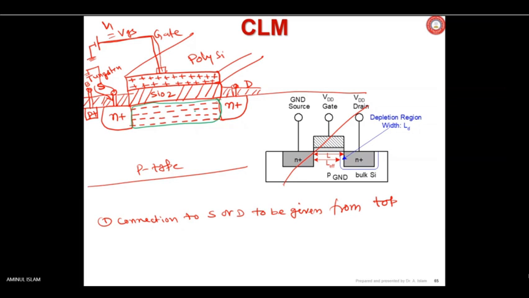Once you apply the gate voltage, and you give a connection between the source and drain, then current will flow. Otherwise, the gate is closed. If you apply 0 gate voltage, the gate will be closed. If you apply a high gate voltage, maybe 1 volt or so, the gate is opening for electrons or current to flow.